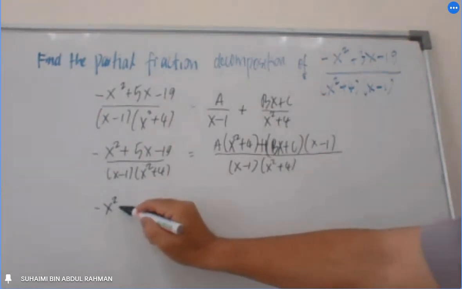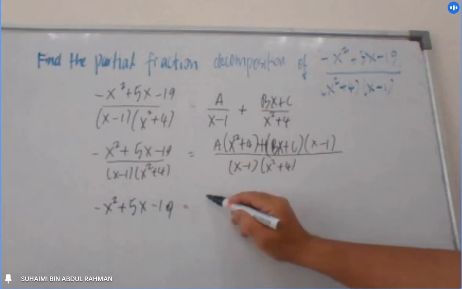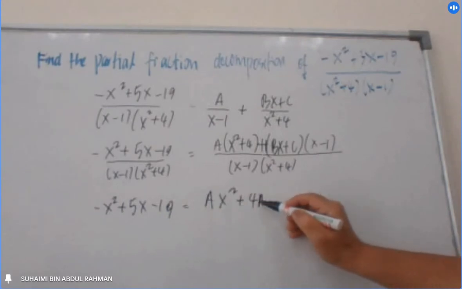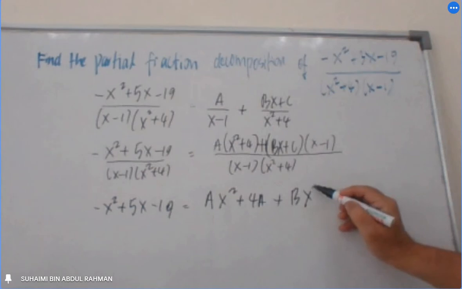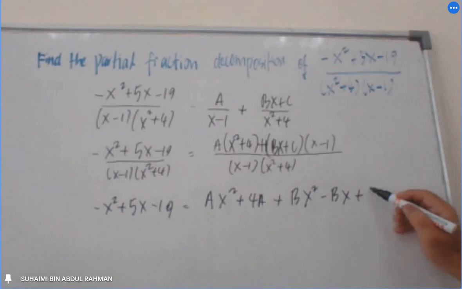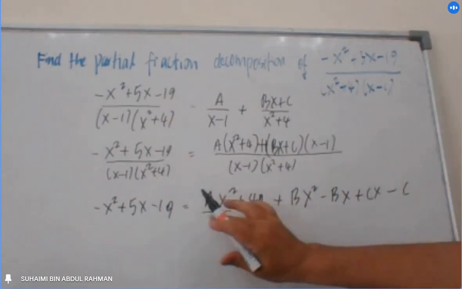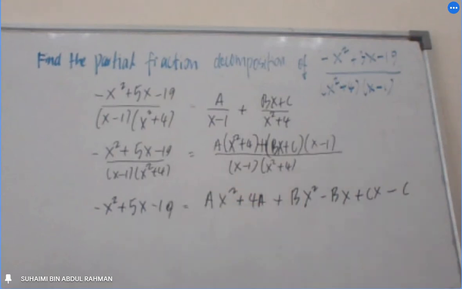So minus x squared plus 5x minus 19 equal to A x squared plus 4A plus B x squared minus Bx plus Cx minus C.